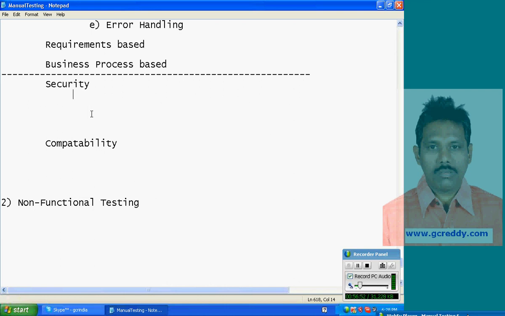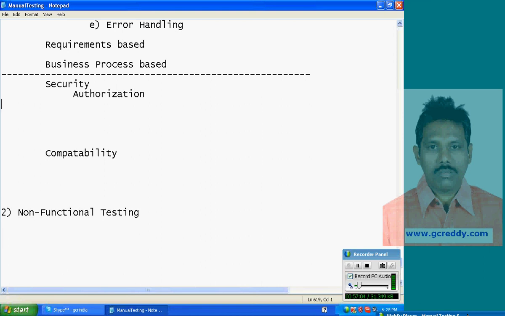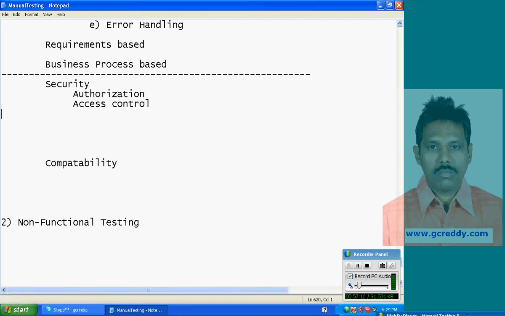Here, three important factors. One is authorization. Next, access control.